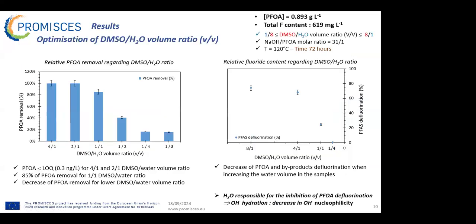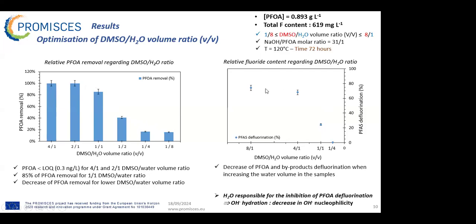And when we analyze the influence of the DMSO/H2O volume ratio, and we analyze the relative PFOA removal, and at the same time the relative fluoride content, what we see is that there is a perfect removal for the DMSO/H2O volume ratio ranging from 4:1 to 2:1, then it decreases progressively.